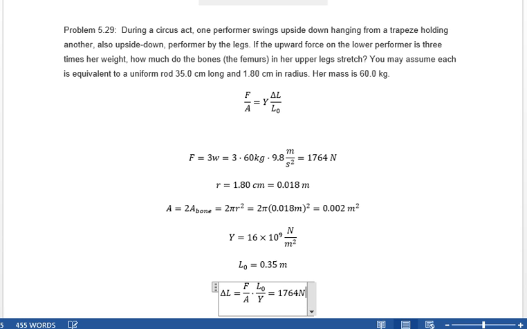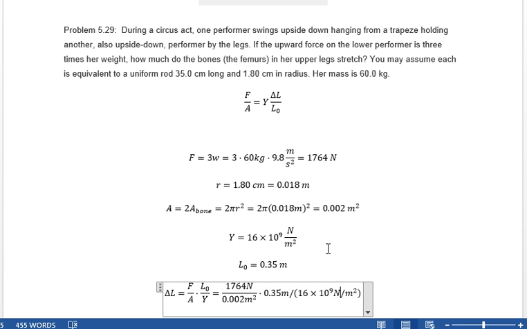So this is 1764 newtons divided by 0.002 meters squared, times 0.35 meters divided by 16 times 10 to the 9th newton per meter squared.